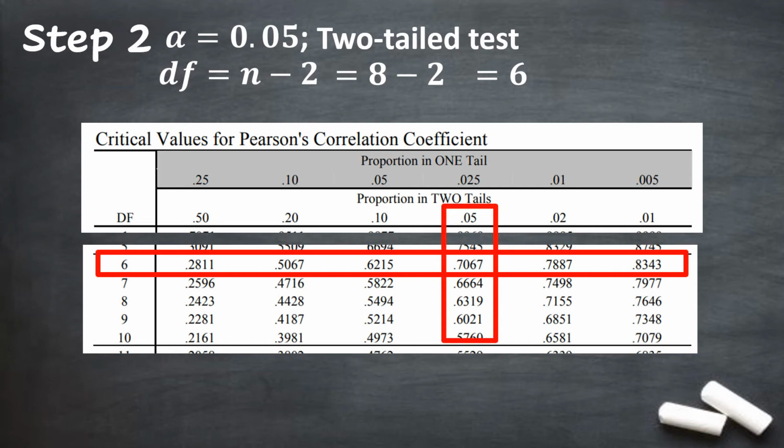Next is to locate the two-tailed test, which is in the second row, and then look for the level of significance equal to 0.05 and draw an imaginary vertical line passing through 0.05. The intersection of those two imaginary lines will be the value for your R tabular.